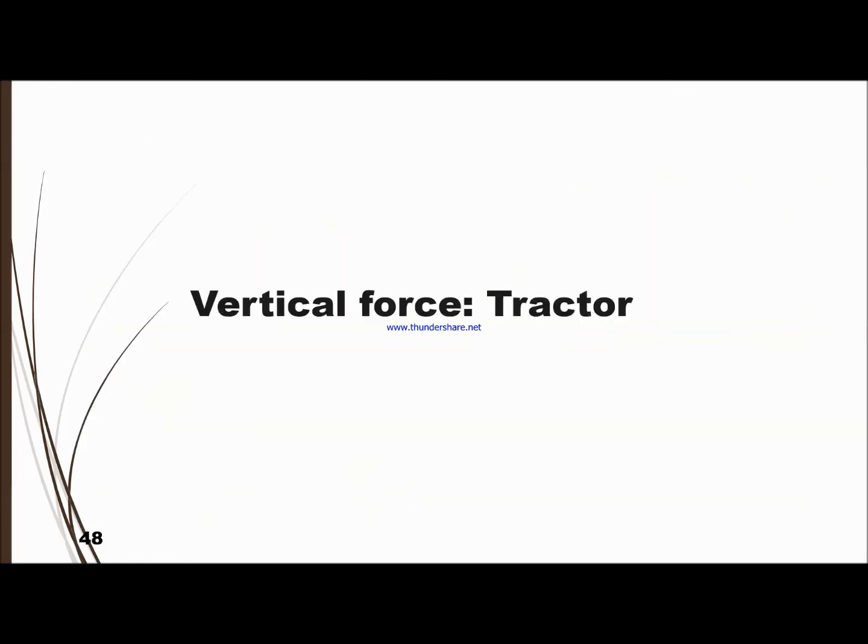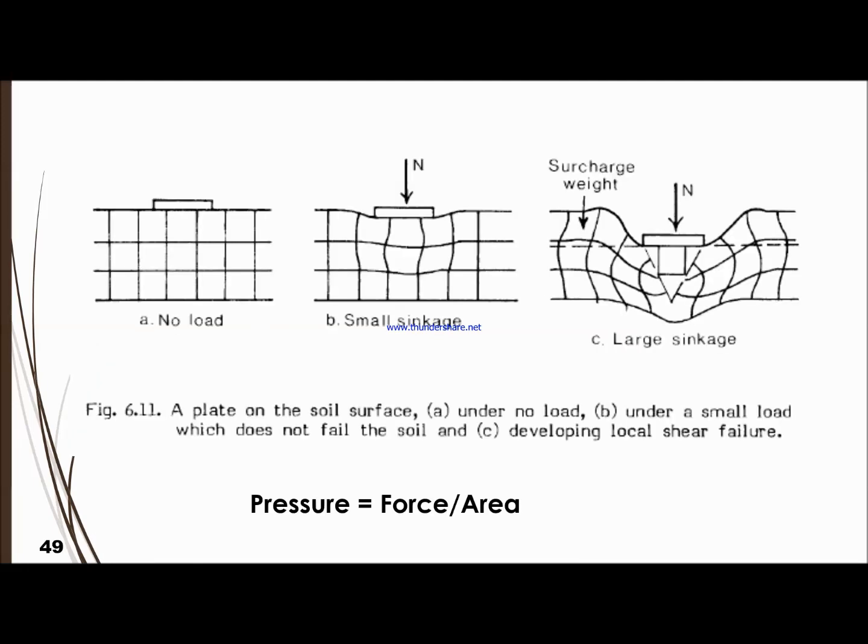So vertical force. Normally when we are talking about the operation of the tractor, we would like to go back to the basic equation, which is pressure equals force over area. So what happens if you have small sinkage? Of course it depends on the soil as well.